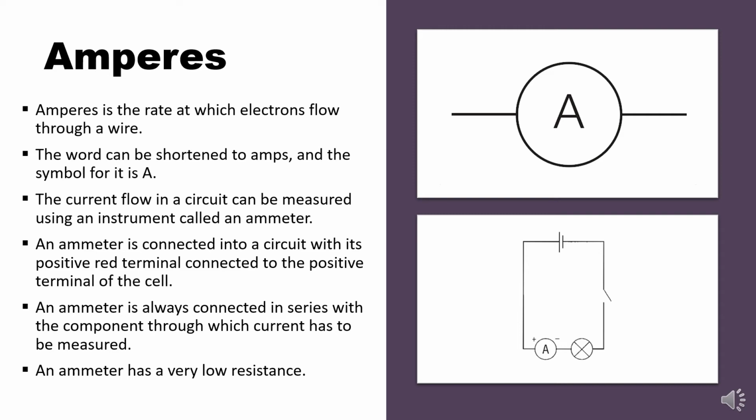An ammeter is connected into a circuit with its positive red terminal connected to the positive terminal of the cell. An ammeter is always connected in series with the component through which the current has to be measured. An ammeter has a very low resistance.